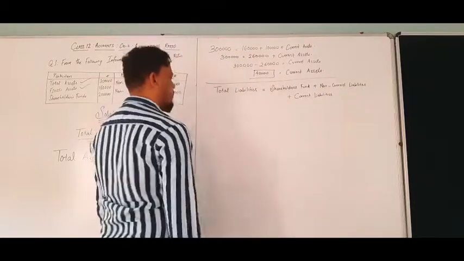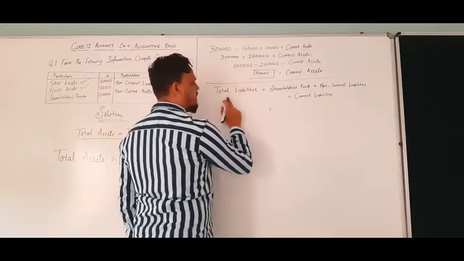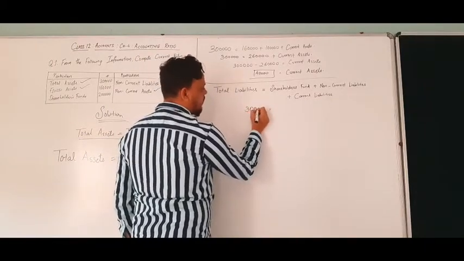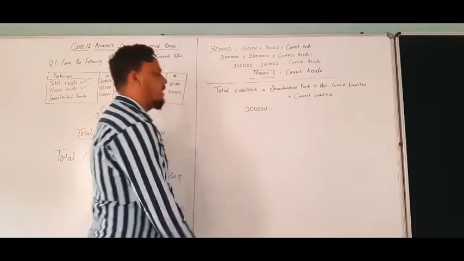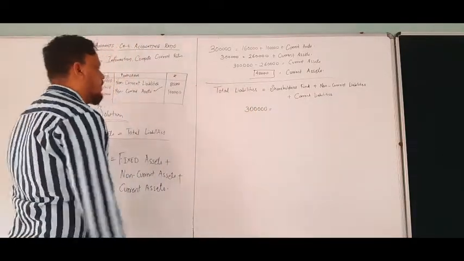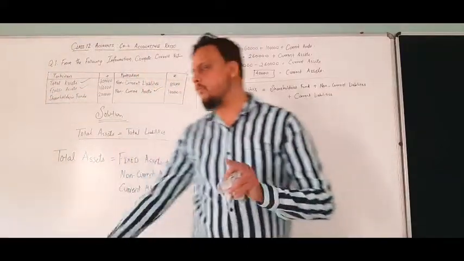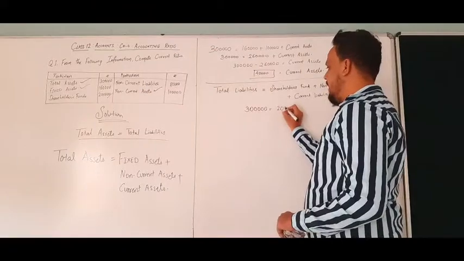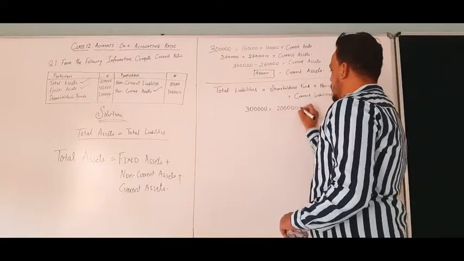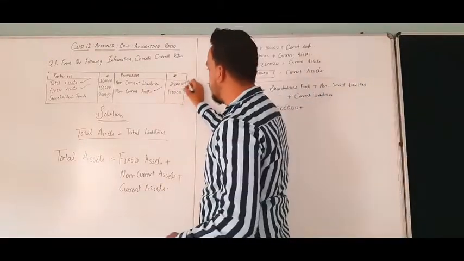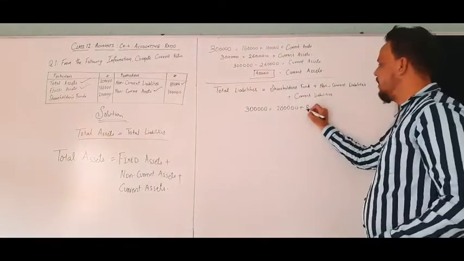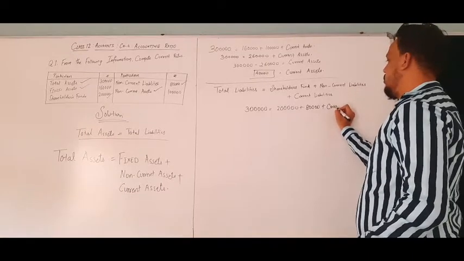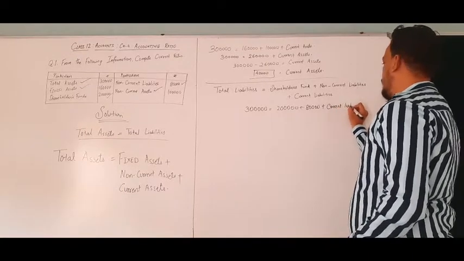It is clear from the question, as I said, that total liability is equal to total assets. Total liability is not given, but we take the assets as the liability, 3 lakh. Shareholders fund is also given; you can see 2 lakh rupees is the shareholders fund, so I write 2 lakh rupees here. Then non-current liability is given as 80,000, plus current liability, which has to be found.